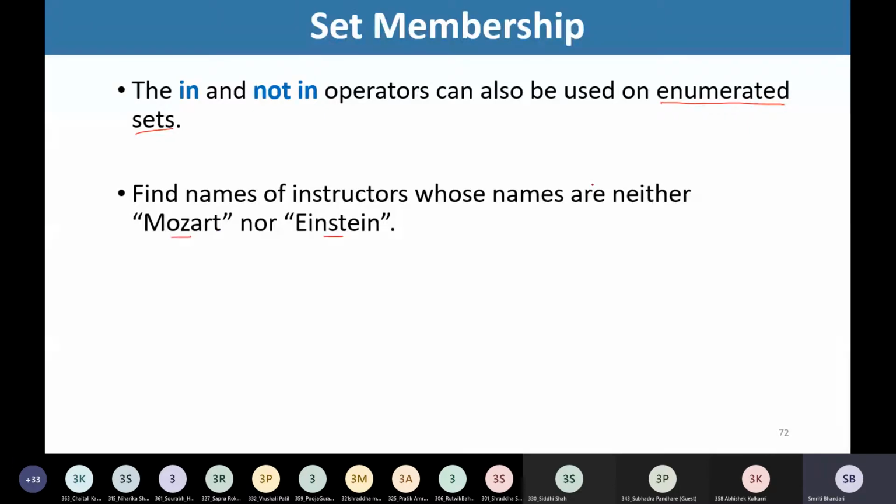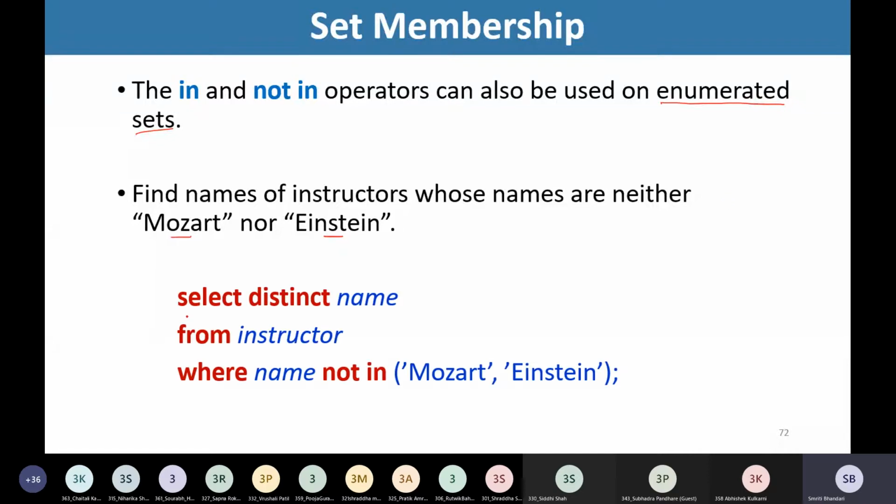Right? So if we want to write a query now using this set membership clause, how are we going to write this? Obviously, we need to make use of the instructor relation. While writing the query, we are going to make use of a constant relation or the enumerated set of values. The query is: select distinct name from instructor where name not in Mozart, Einstein.